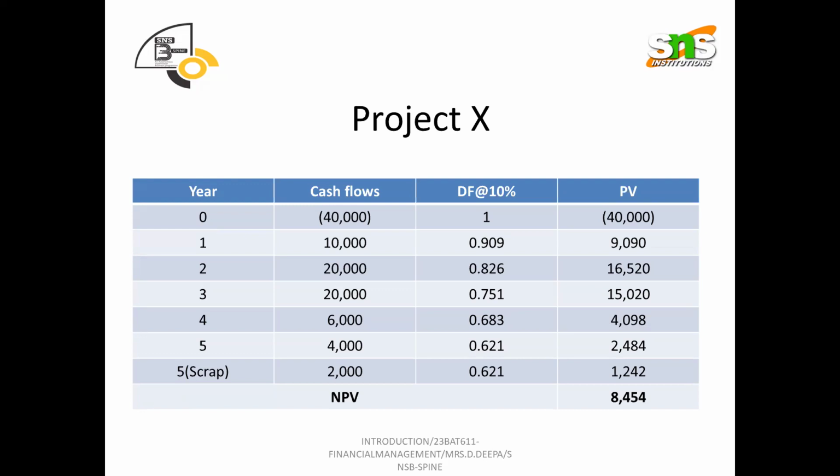What is NPV? By adding up all the present values, we get the NPV, that is the sum total. Starting from now, the present, it is represented as year 0. Next, all 5 different years are there in our question. And in the last year, at the end of the project, scrap is there.